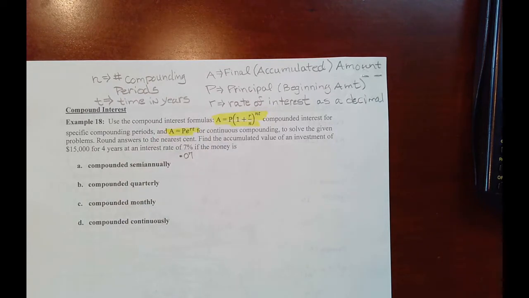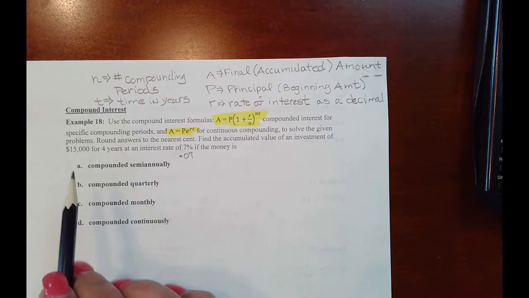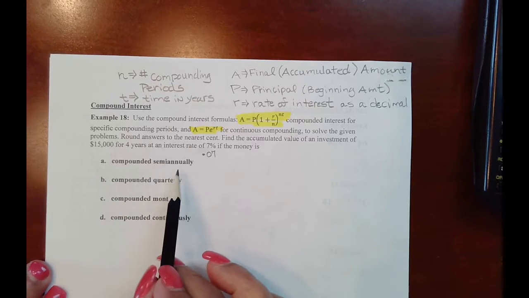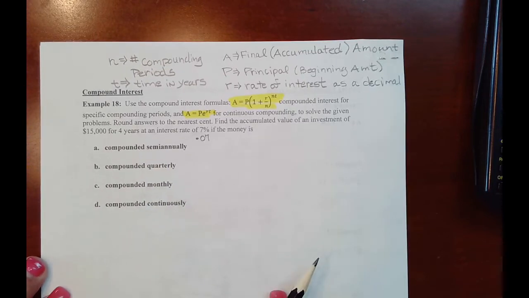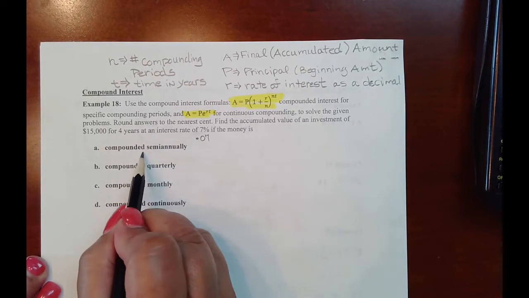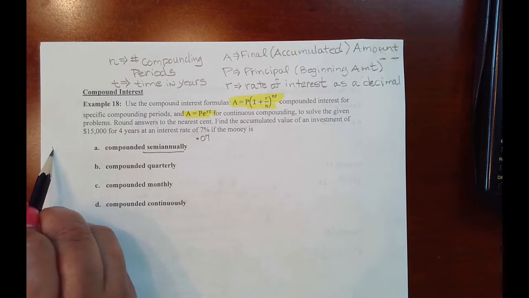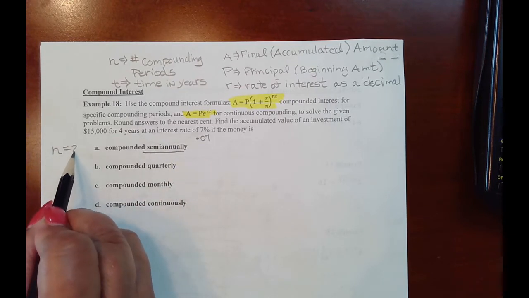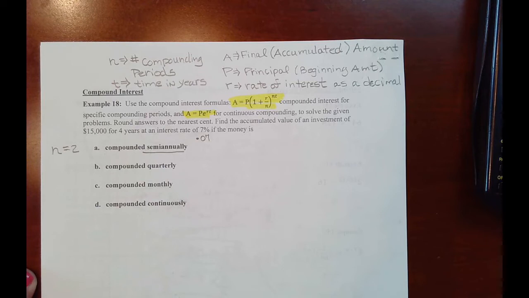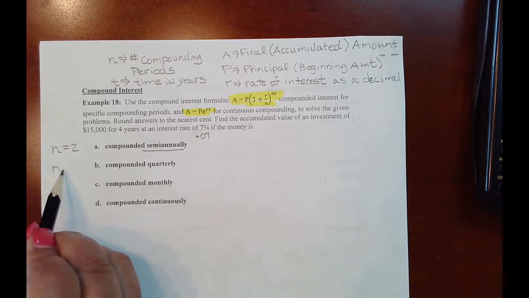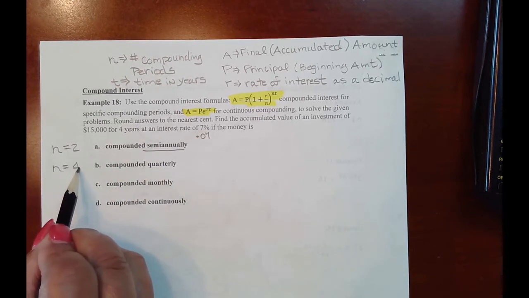Okay, so let's make sure you're clear on the number of compounding periods, in other words, the N value for parts A, B, and C. Bank's going into your account twice a year. That's what semi-annually means. Semi-annually means, therefore, N is equal to 2 for that problem. Here they're going in quarterly. You'll be using N equal to 4.